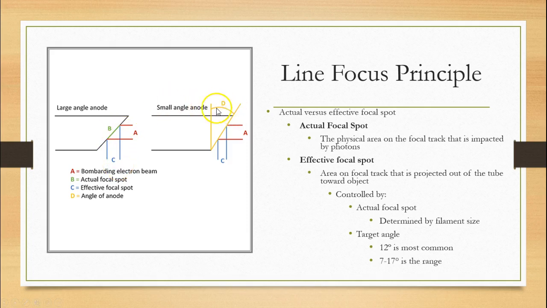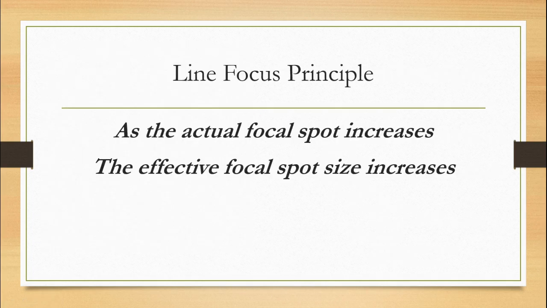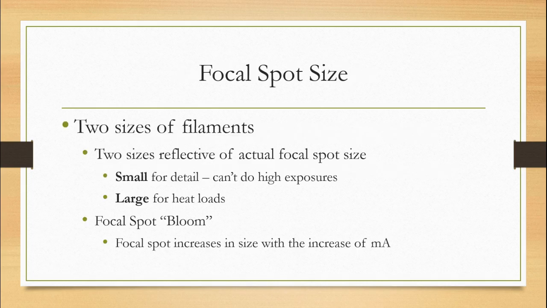And your effective focal spot is determined by the angle of your anode along with your filament size. Line focus principle: as the actual focal spot increases, the effective focal spot size increases.